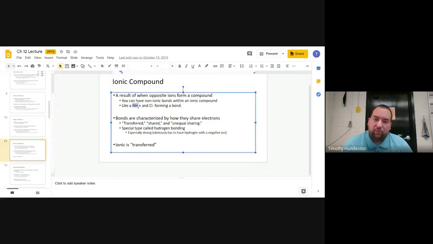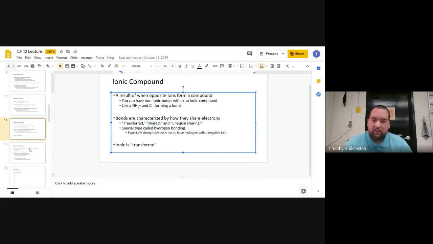NH4 technically has covalent bonds, because N is bonded to H's. But when it bonds with Cl, I end up forming an ionic compound overall, because it's a positive ion and a negative ion. As we already talked about, there's transfer, sharing, and unequal sharing. There's a special type called hydrogen bonding. We already talked about that too, so I'm going to skip over that.